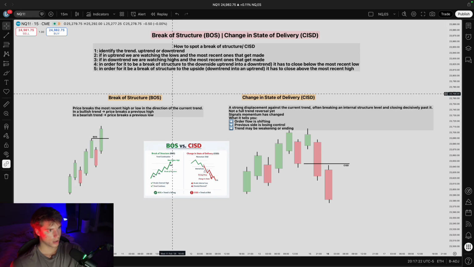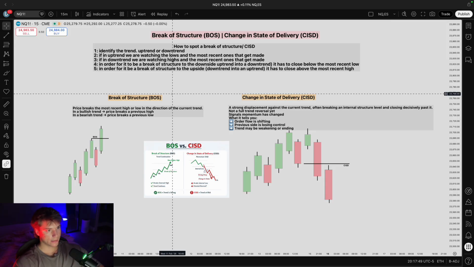In order for it to be a break of structure to the upside, from a downward trend into an upward trend, it has to close above the most recent high. If you remember me saying last time, trends are only trends if the body closes above the previous higher high.